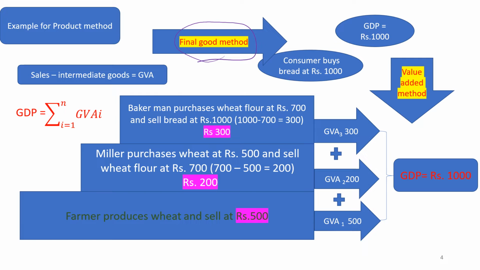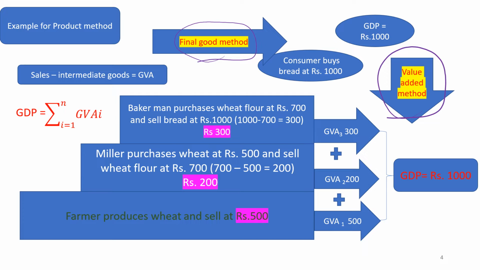Because of that, sometimes while considering final goods, we may also include intermediate goods, and if you include intermediate goods, then it becomes double counting. In that situation, you can use the value added method.